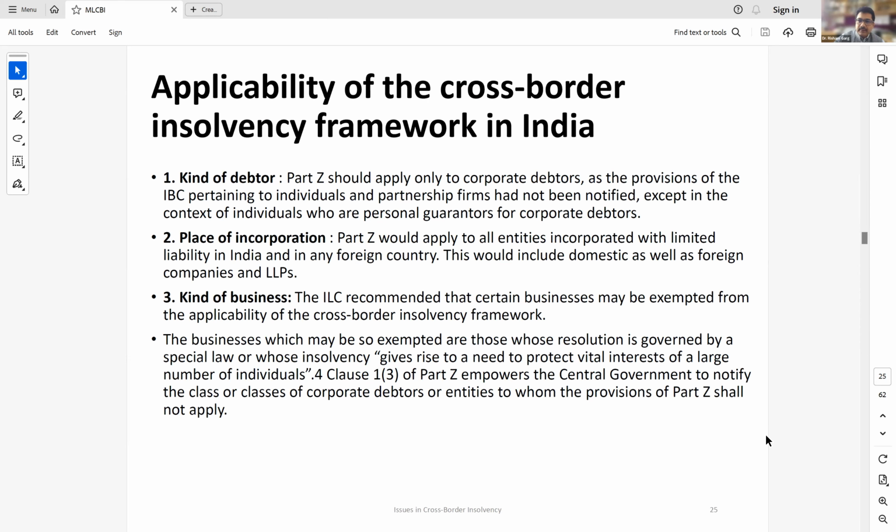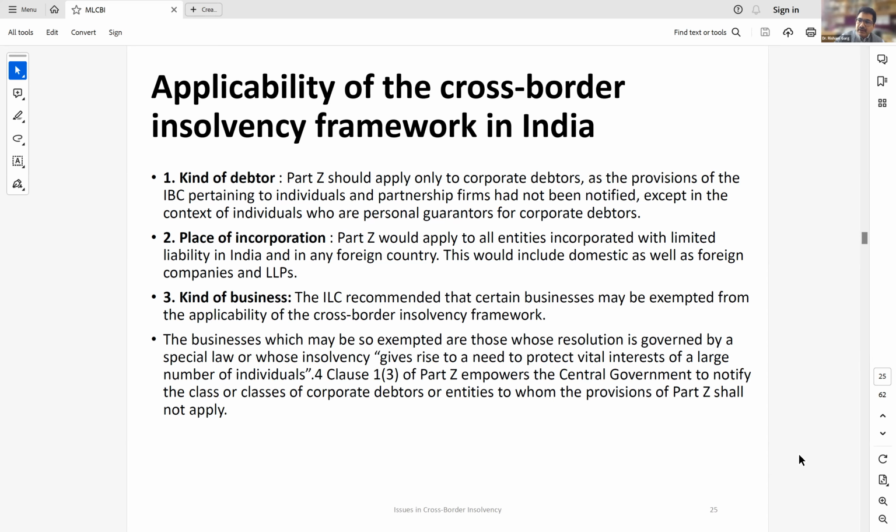So what is the availability of the cross-border insolvency framework in India? As to the kind of debtor, Part Z should apply only to corporate debtors, as the provisions of the IBC pertaining to individuals and partnership firms have not been notified, except in the case of individuals who are personal guarantors for corporate debtors. So whatever parts of the IBC are in force, the cross-border insolvency framework will not extend beyond that.